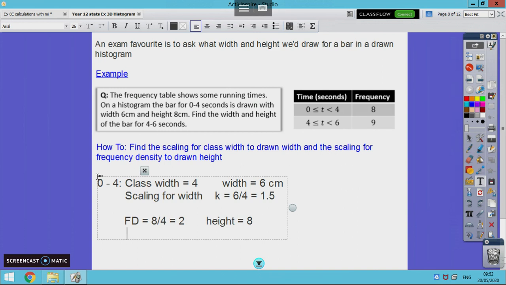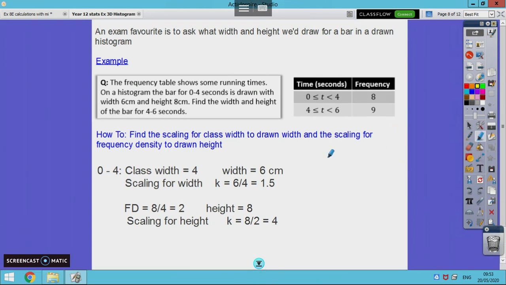Therefore, the scaling for the height is given by k equals 8 over 2, which is 4. So there are our two scale factors, this one for the width and this one for the height.